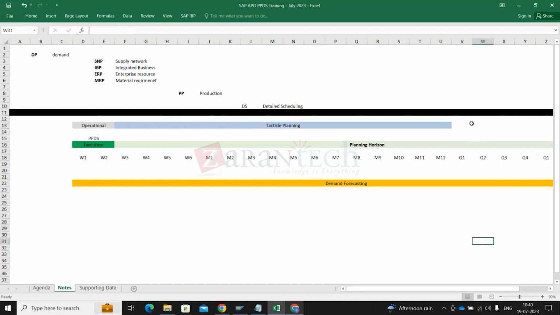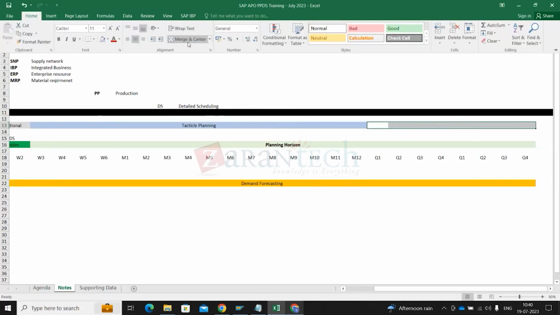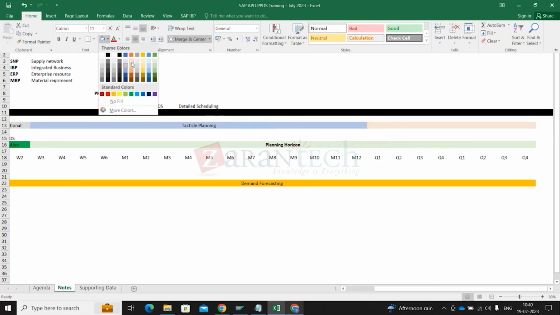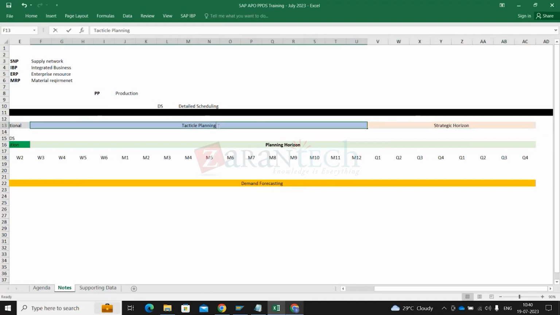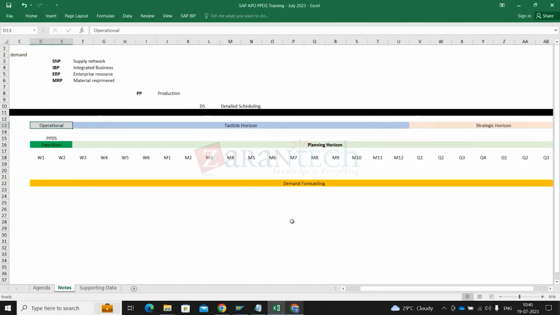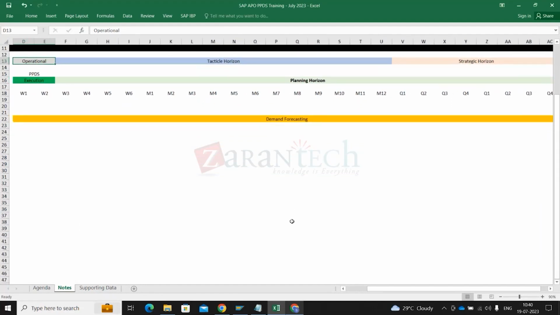And then from 1 year onwards till the next 2 years, you would call the strategic horizon. Do you have an idea about what I'm talking about, or do you have a differing view? Any comment?